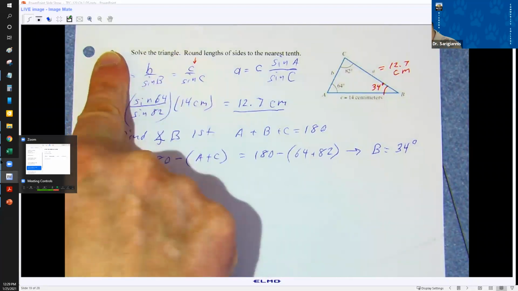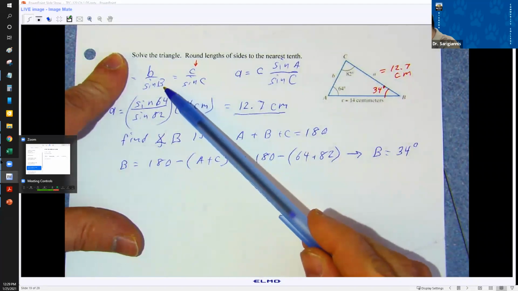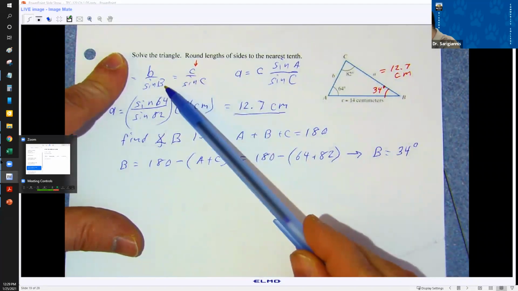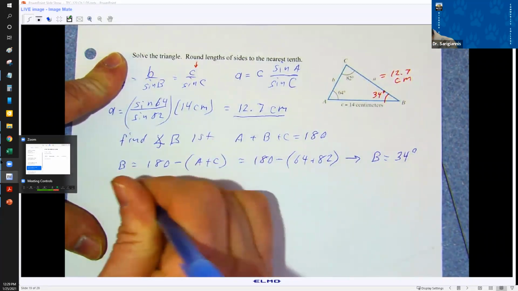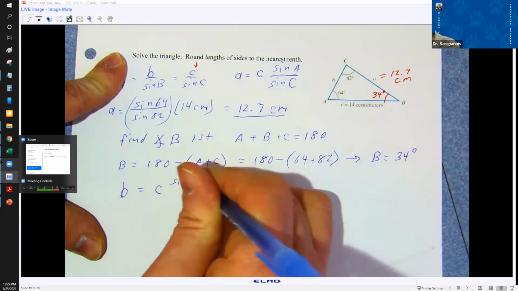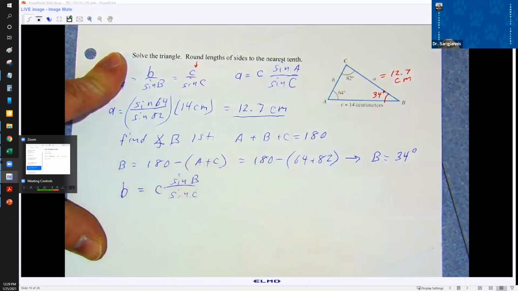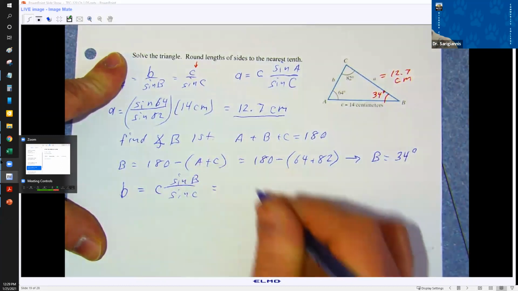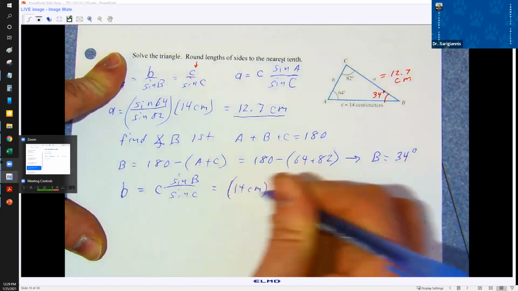Again, I know what this is. I know what these two are. So I can solve for B. I'm going to have B equals C sine capital B, the angle, over sine of the angle of C, right? So that's just going to be, this time I'll remember my 14 centimeters in front.